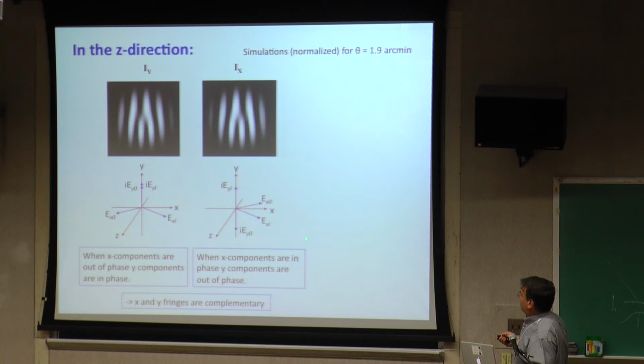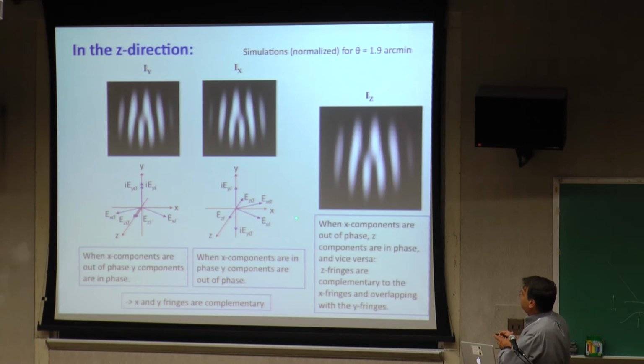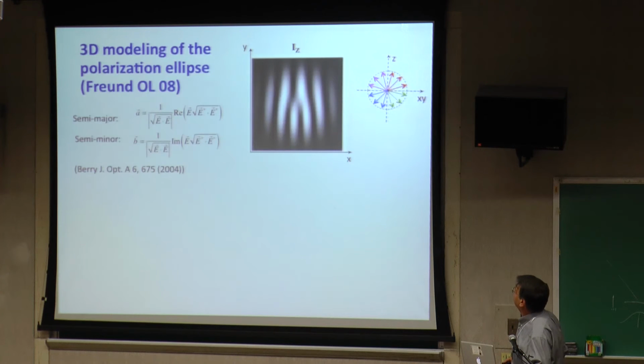And now if you look at the z component, something happens: when the y components are in the same direction, the z components are also in the same direction, or also in phase. So the z fringes should be the same as the y fringes. So that's a clue to understand this thing a little better from projective measurements.